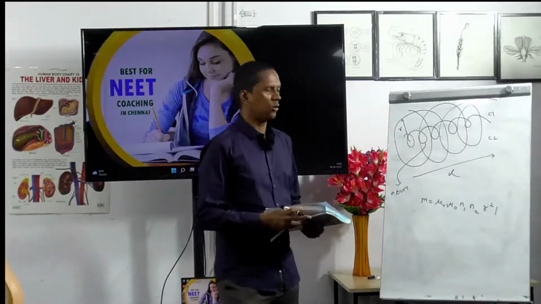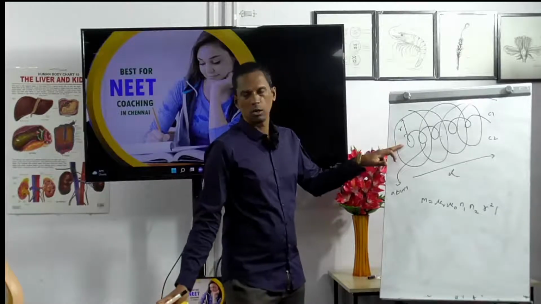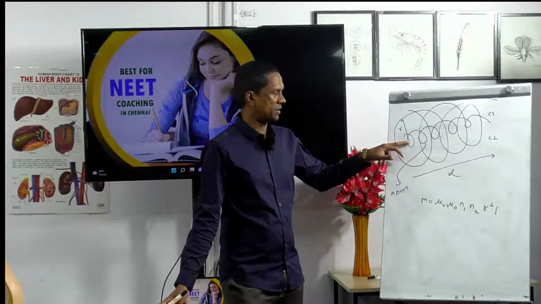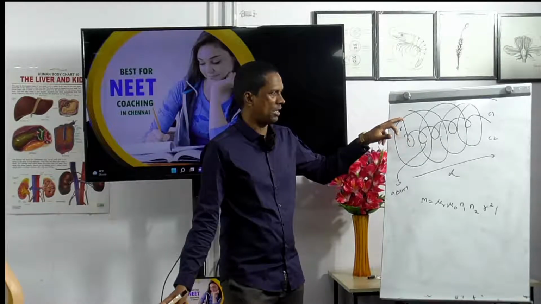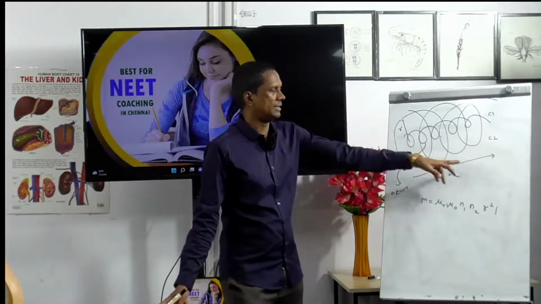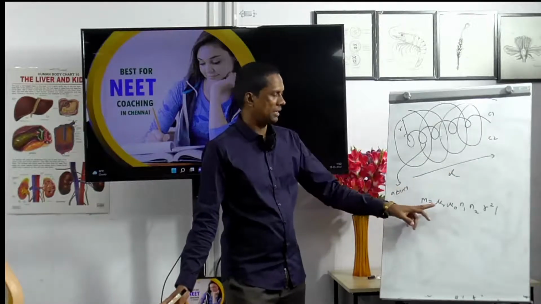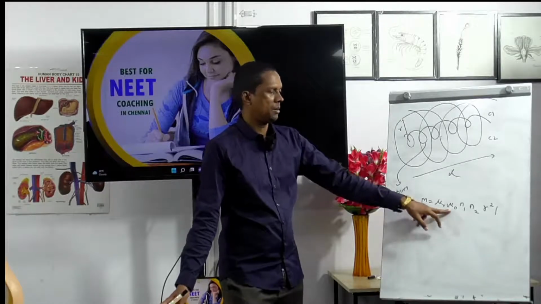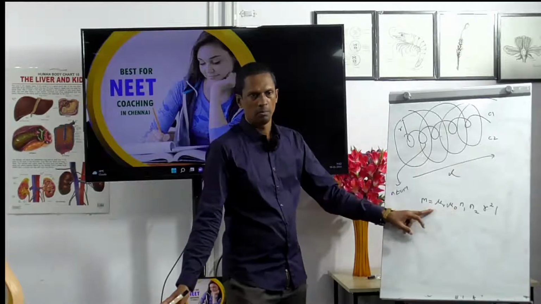I will be taking one small coil. C1 is a small coil, C2 is a bigger coil. The distance from the center of the coil to the extreme of this coil is R. This total length is L. So M is equal to mu, where mu is the permeability of the medium, permeability of vacuum.